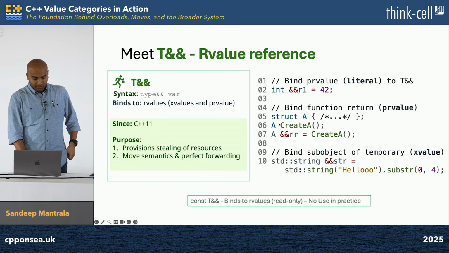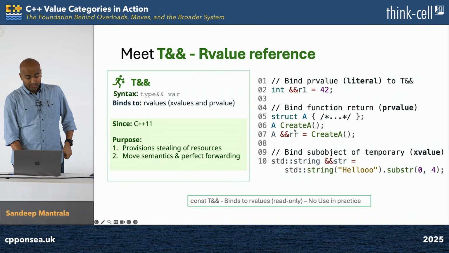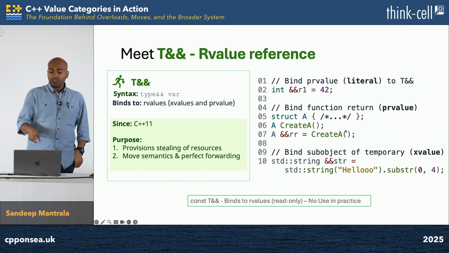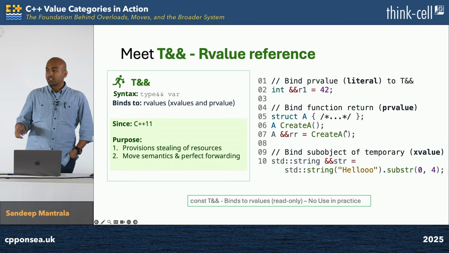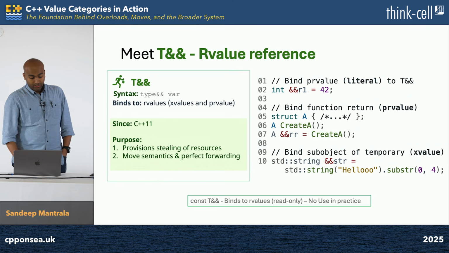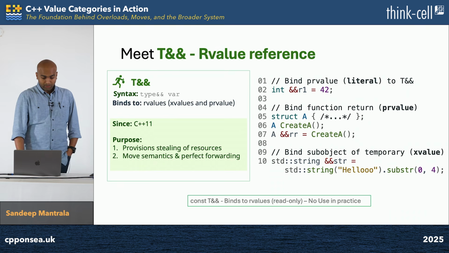Again, in line number 7, you can see that createA is a function that's just returning A by value. Anything that is being returned by value is considered a PR value. So we are again catching that using an R value reference at line number 7. This is one example use case.